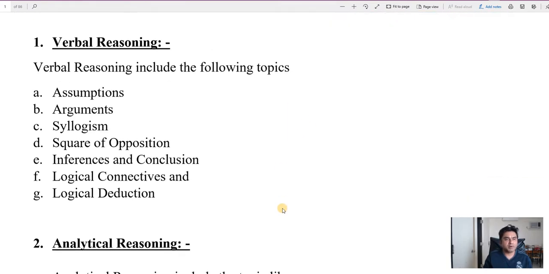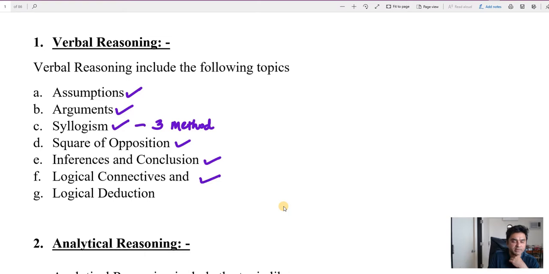Now in verbal logic we are going to discuss assumptions, argument, and what is syllogism, and in syllogism we are going to discuss the three methods. Then we are going to discuss the square of opposition, which is very important. Then inferences and conclusion. After that we are going to discuss the logical connectives.